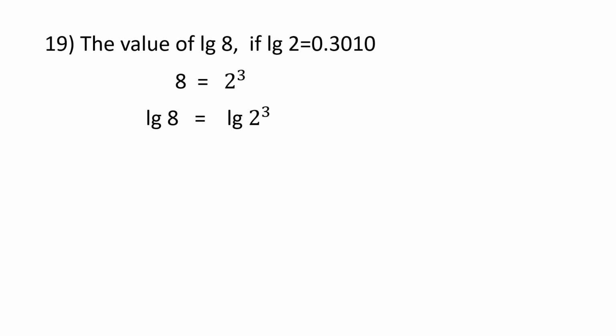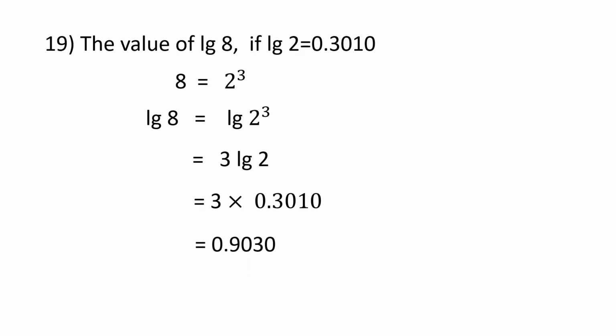Now you can apply the laws of logarithms and write LG 2 to the power 3 as 3 LG2. That is 3 multiplied by LG2. So 3 multiplied by 0.3010. When it is multiplied, the answer is 0.9030. The answer is answer 1.